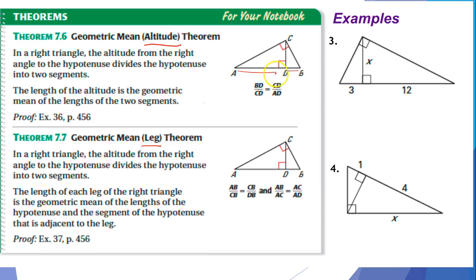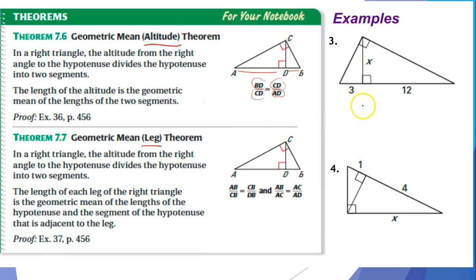Many times you will be given each of these segments, like we are in this exercise, and how we find the altitude is we follow this. See how this is CD, and this is CD, that's referring to the altitude. And then BD is this length, AD is this length. So we take the geometric mean of these two numbers.